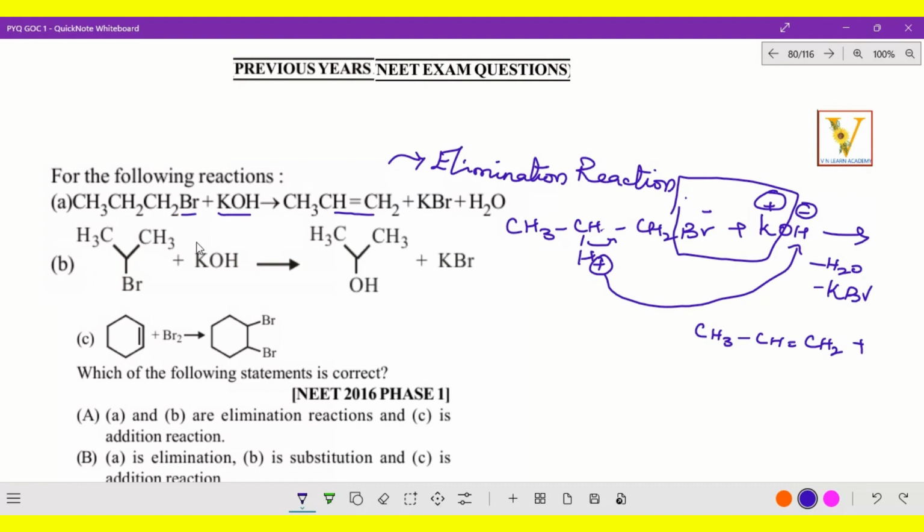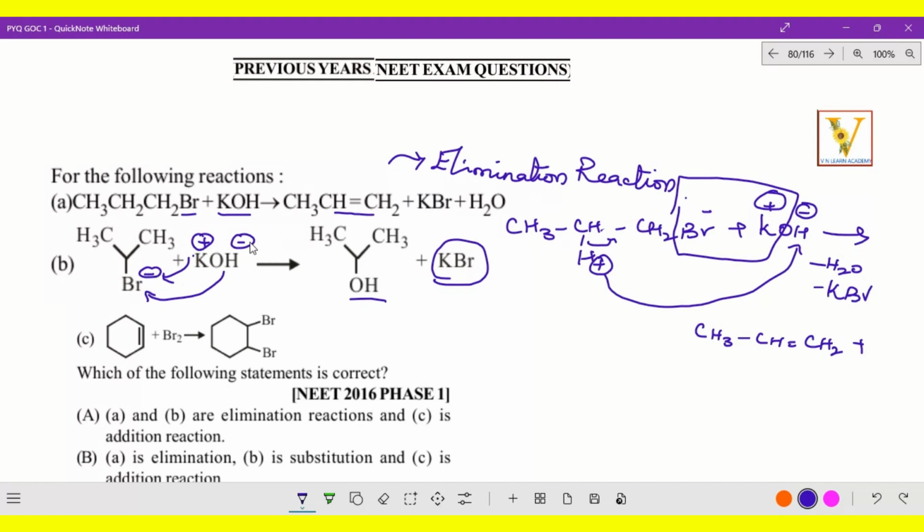The second one, CH3BrCH3 plus KOH. Here also K plus OH minus, a strong base. This minus is attracted towards that K plus, right? So you are getting KBr which is removed. In that place OH minus is going to replace Br. So instead of Br, OH minus is replacing.